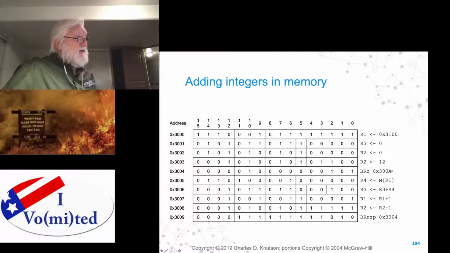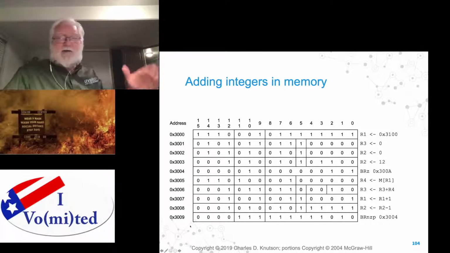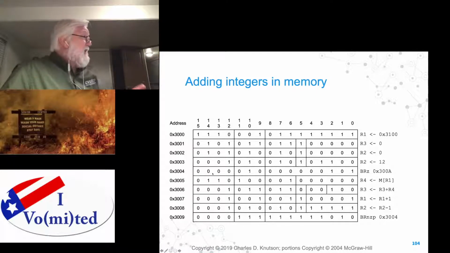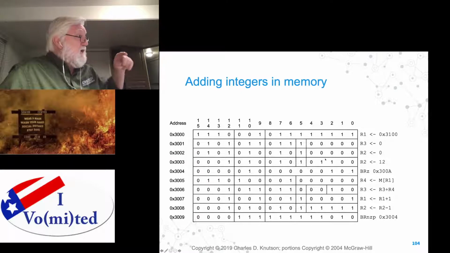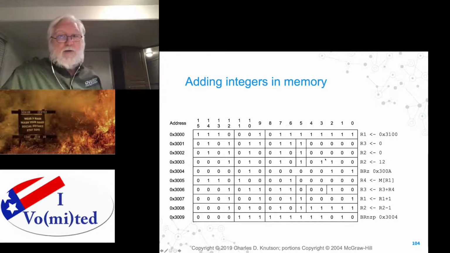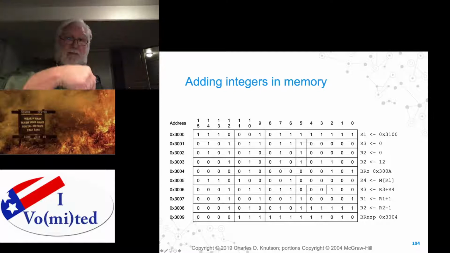That is 300A, right? So what you're going is 1, 2, 3, 4, 5. So it's basically jump around it to whatever comes after. So when R2 gets to 0, then we jump around. But if not, we drop in.